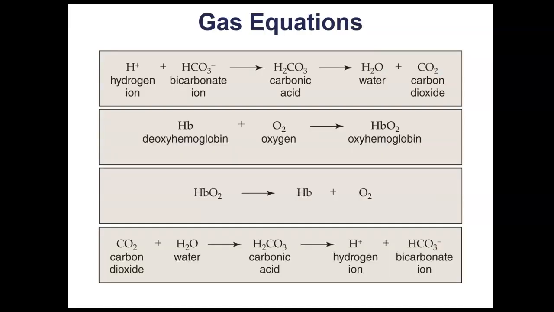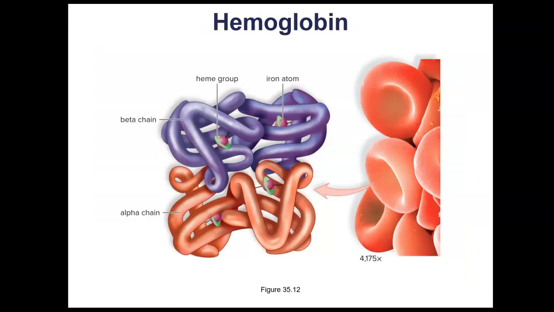I'm assuming they don't show that one, but it's basically hemoglobin, instead of having oxygen attached, it has carbon dioxide attached. And here's what a hemoglobin molecule looks like. It has 4 globular units, and carbon dioxide attaches to the globular subunits.